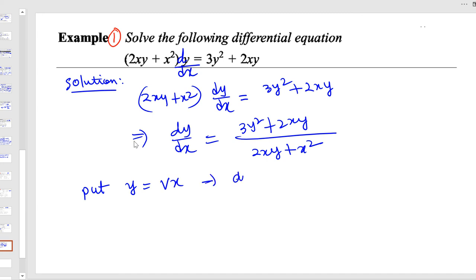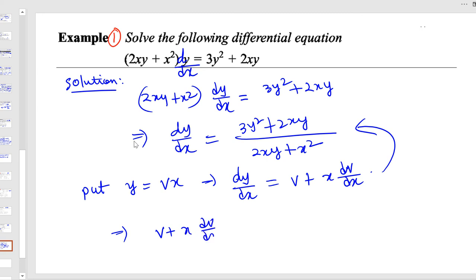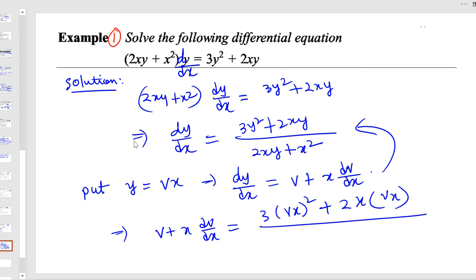Then you get dy dx equals v plus x dv dx. Now you substitute it here. Then you get v plus x dv dx equals 3 times vx whole square plus 2x into vx, over again 2x into vx plus x square.